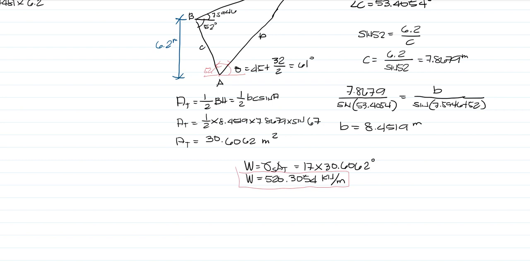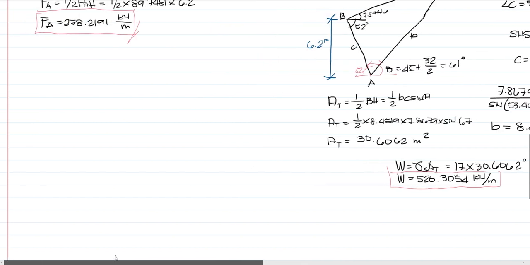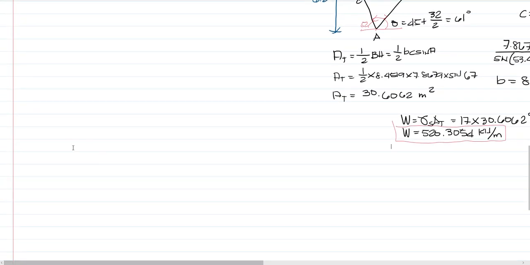Now we proceed to the passive condition. Sa passive condition, hanapin muna natin yung force. So, passive. So, for the passive condition, P sub P, yung pressure muna or yung passive earth pressure.